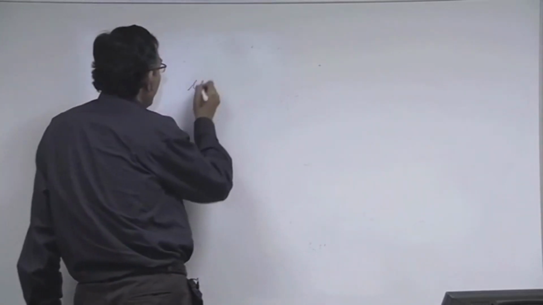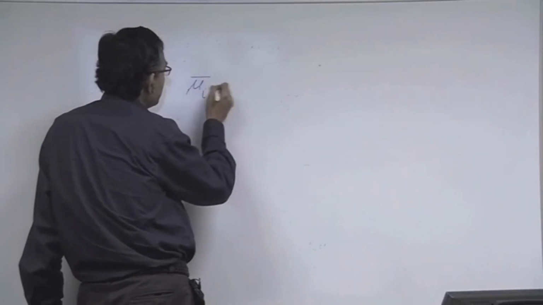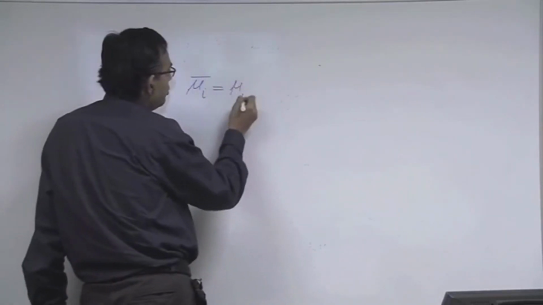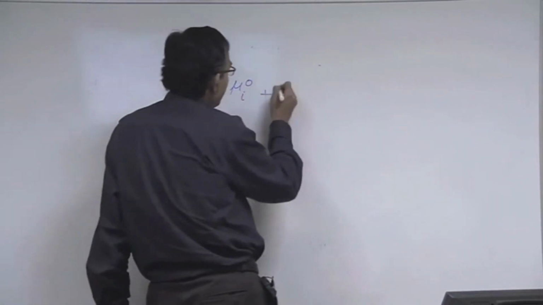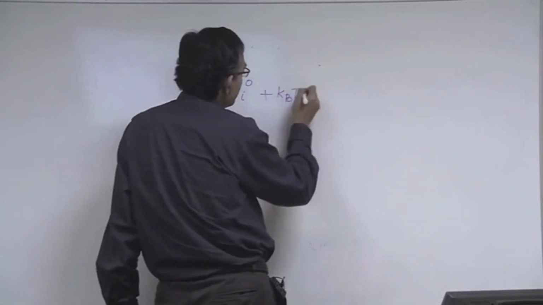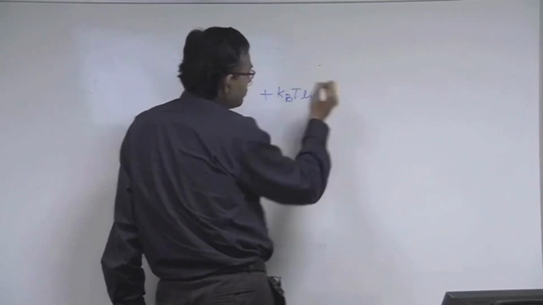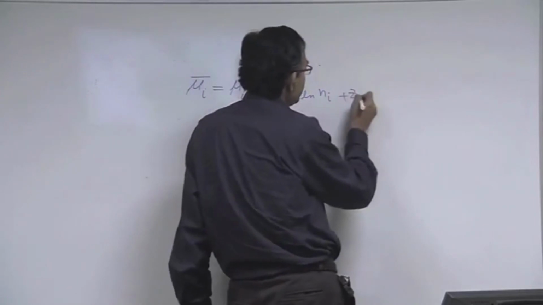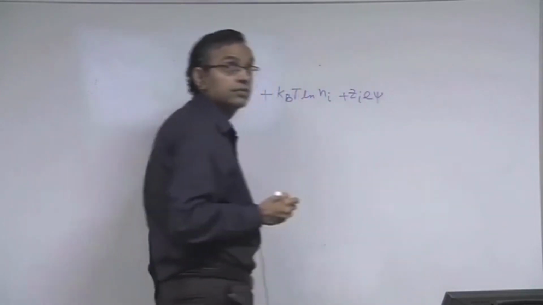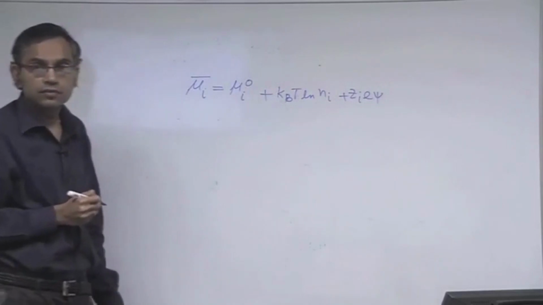So mu I bar is equal to mu I 0 plus kBT ln Ni plus Zi E psi.